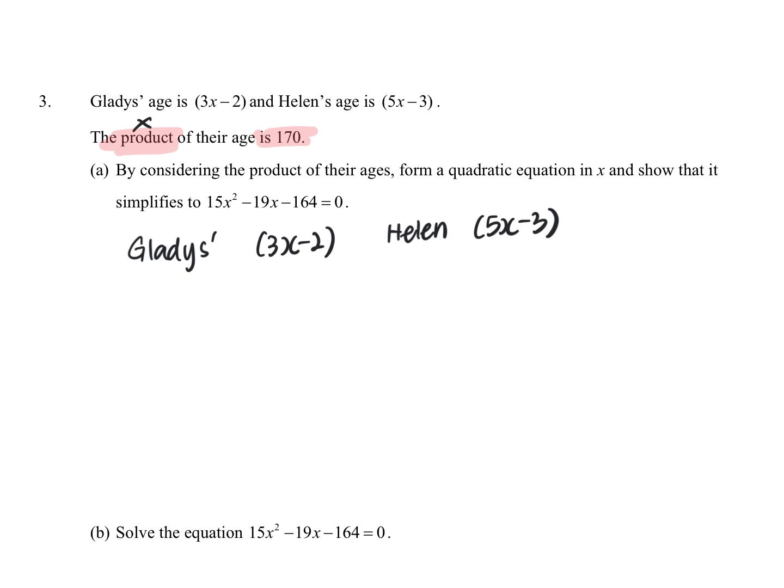So I'm going to take Gladys' age, which is 3x minus 2, multiply it to Helen's age, 5x minus 3, and it equals 170.